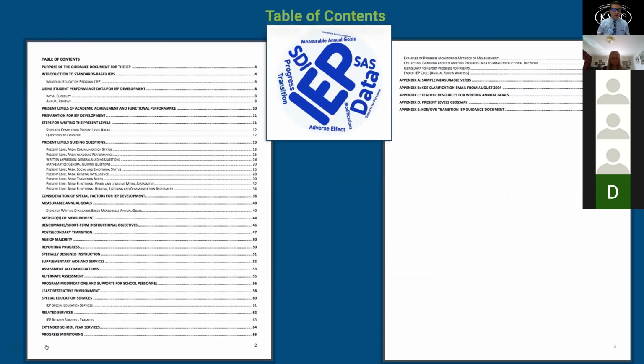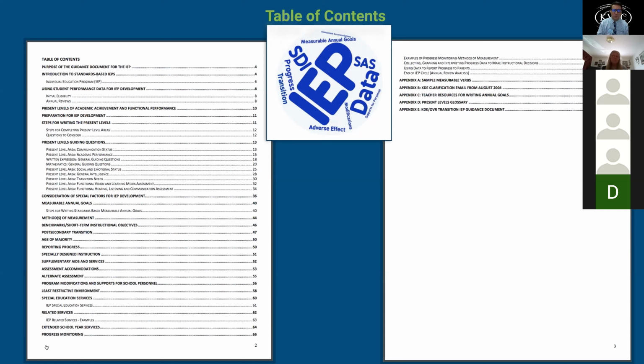We look at how we use student data for IEP development, different forms of data from the initial eligibility, and different forms of data when we get to a subsequent IEP or an annual review. Then the guiding questions help us frame our information and give us some things to think about in all those particular areas.